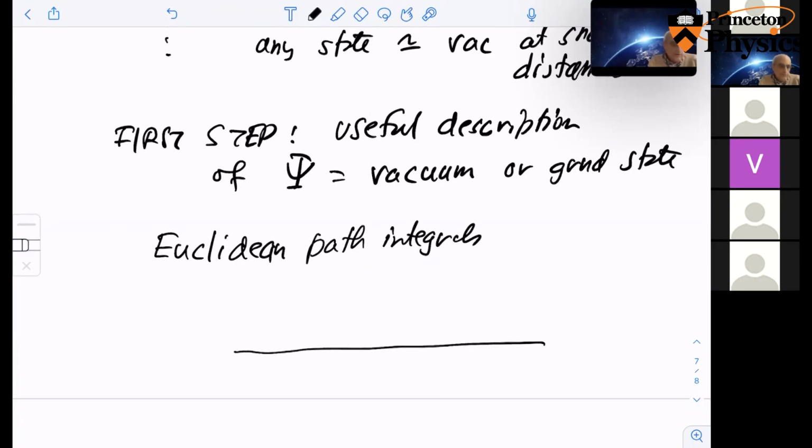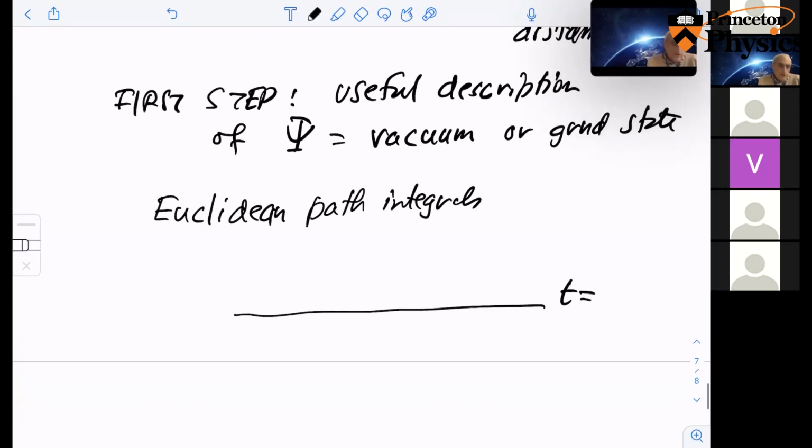So we consider, here's a time zero surface on which we want to define the state psi.